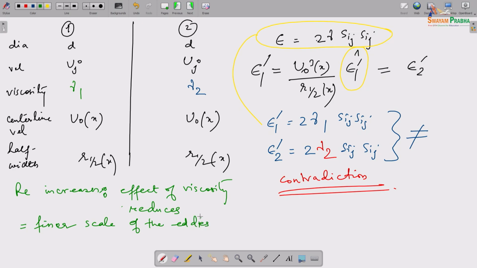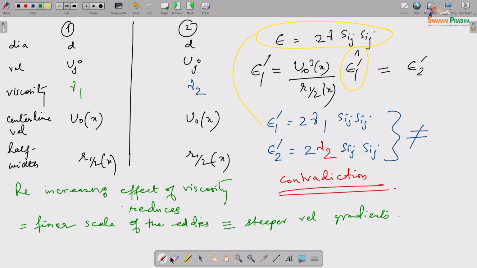This finer scale of the eddies is equivalent to steeper velocity gradients.